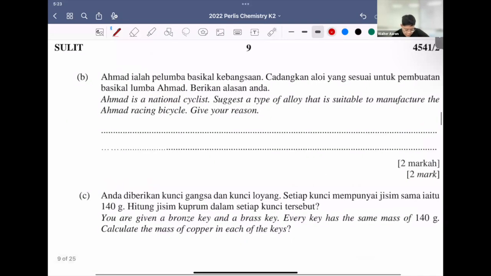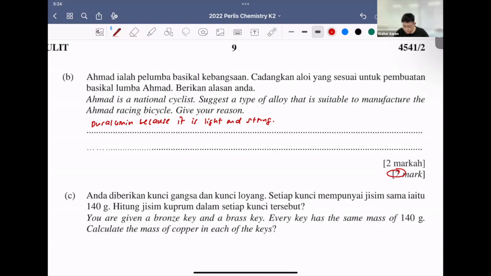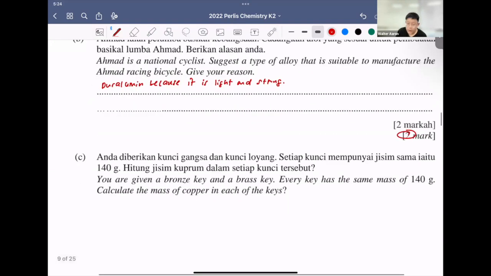So you can put here duralumin because it is light and stronger, or just light and strong. So therefore, you get 2 marks over here. Very simple. Okay, so one answer, one suggestion, you get 1 mark, and then the explanation here will be another 1 mark. Okay.